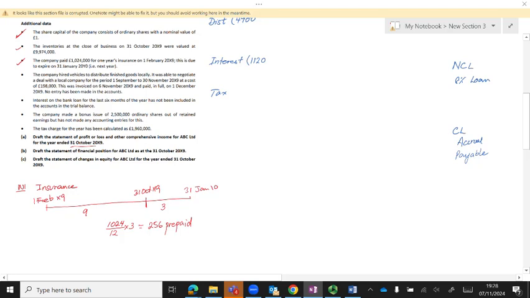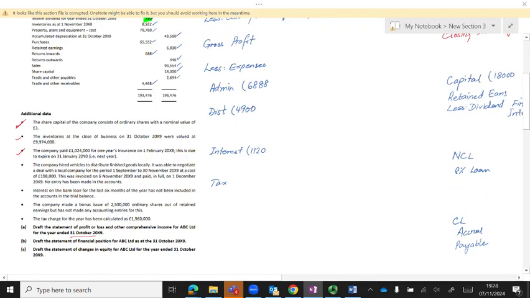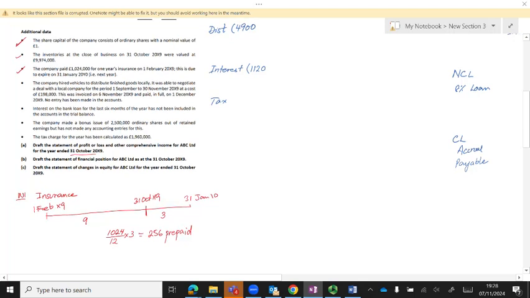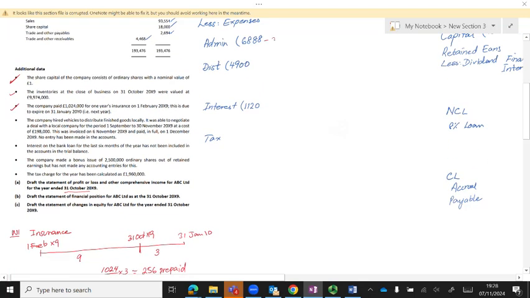So insurance has to do with administration, not distribution. Anything we have paid in advance should be subtracted from the total. So this 1024 is sitting somewhere in the 6888, but not all of it is an expense for the year.